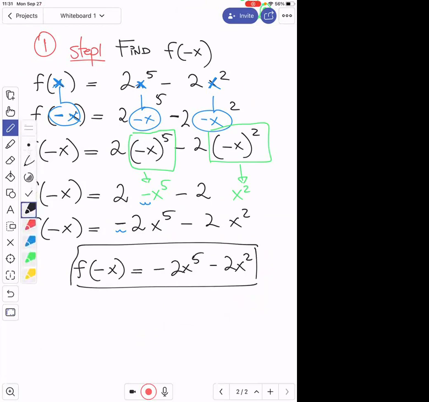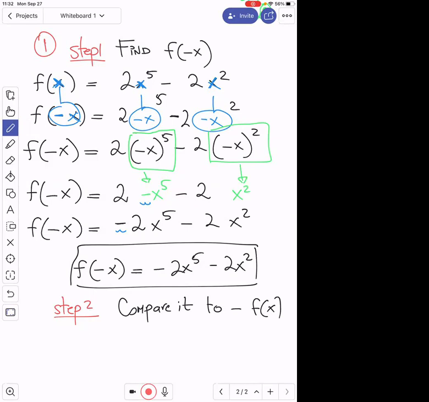Step number 2, I'm going to compare this to minus f of x. So what's minus f of x? f of x is my original function.